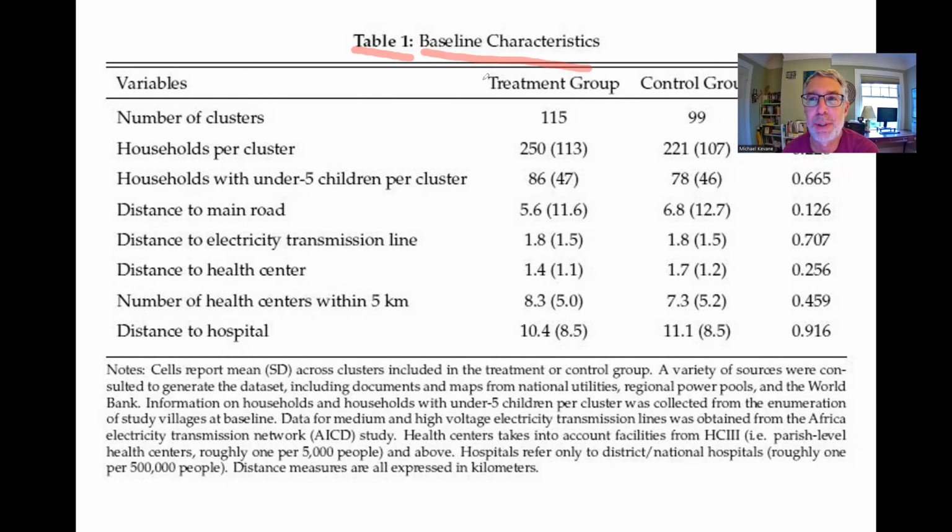Baseline characteristics, pretty straightforward. Treatment group, control group. This person has the number of observations as the first row in the table. Again, nice descriptions of the variables rather than the variable names themselves. A good long note that explains all of the construction of the variables, what the variables mean in the table.